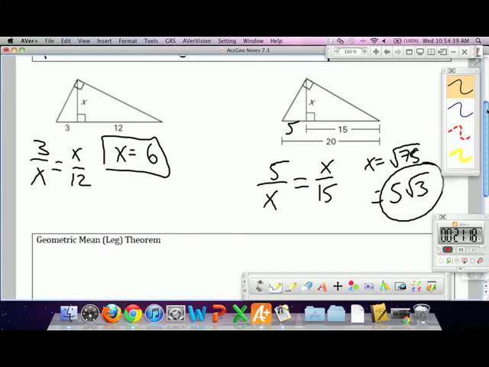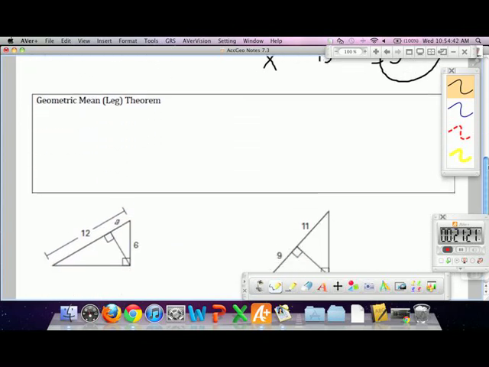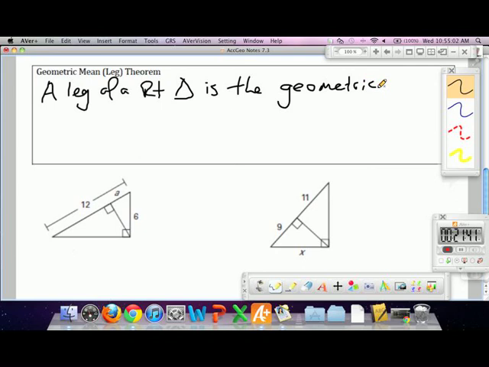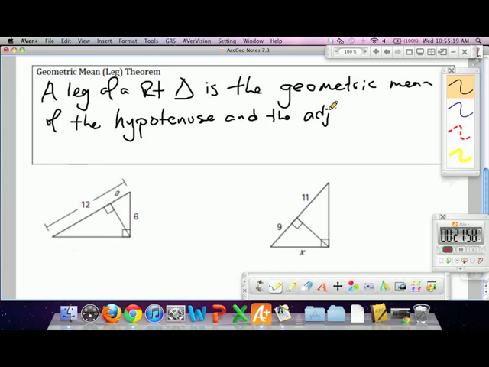It said a leg of a right triangle is the geometric mean of the hypotenuse and the adjacent part of the hypotenuse.